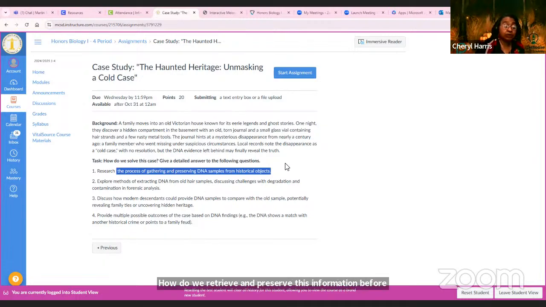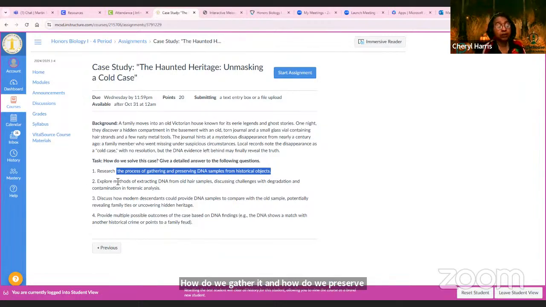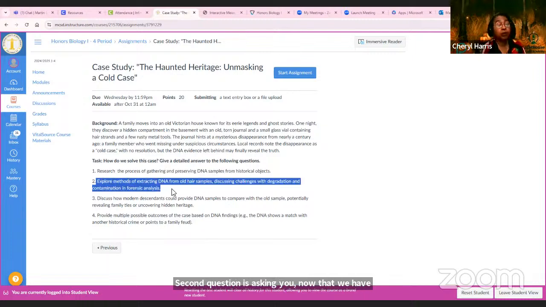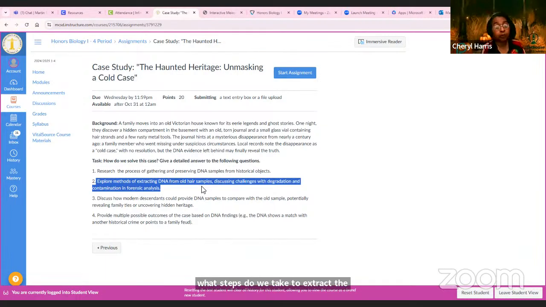Okay, that's what the first question is asking you. Before we start doing any tests at all, how do we gather it and how do we preserve it to be tested? Second question is asking you, now that we have it gathered and preserved, what steps do we take to extract the DNA from a hair sample, an old hair sample that might degrade while you're trying to do this?